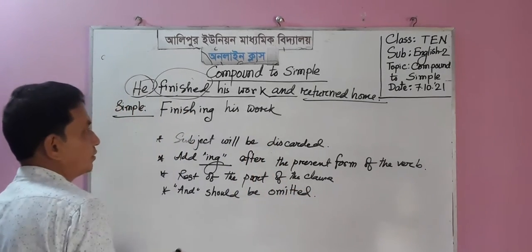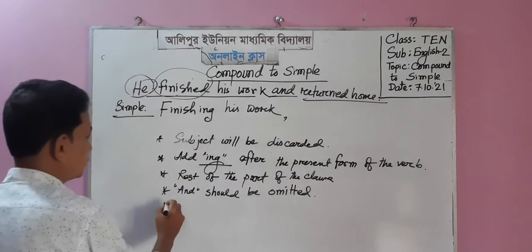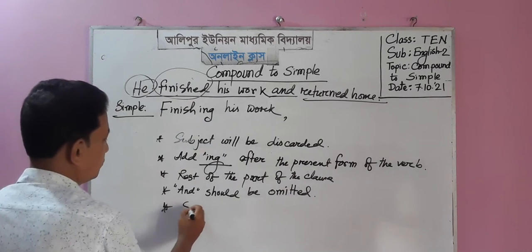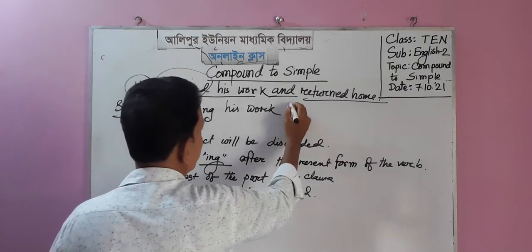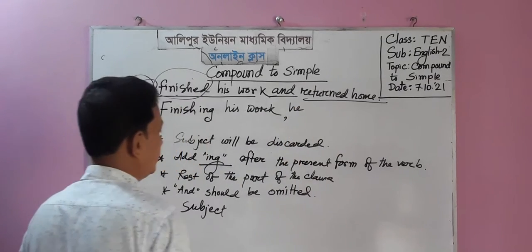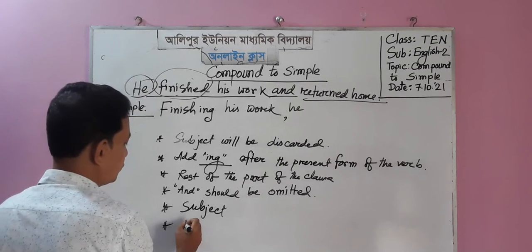And should be omitted, and after and we should write the subject. The subject is here he, and then the next clause will be unchanged.